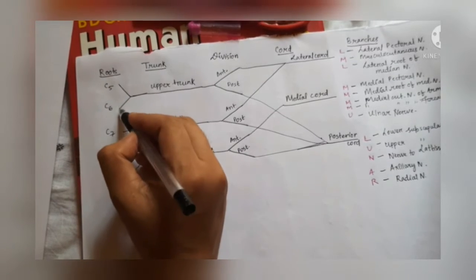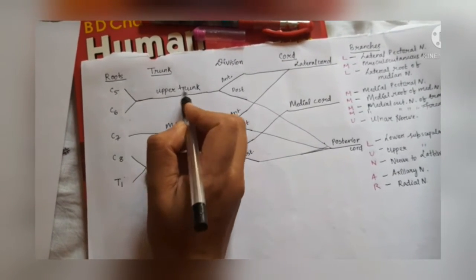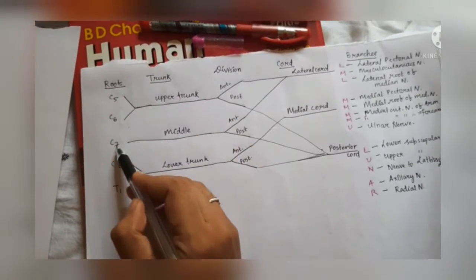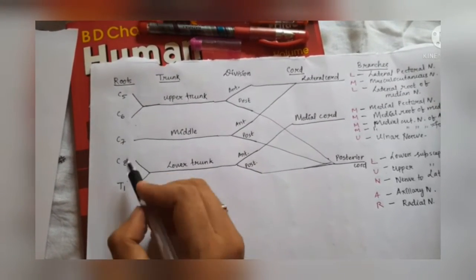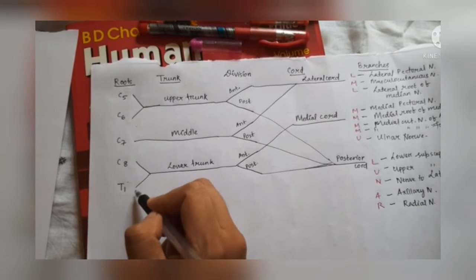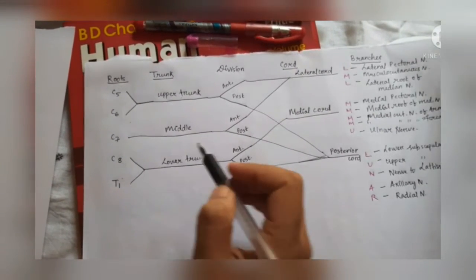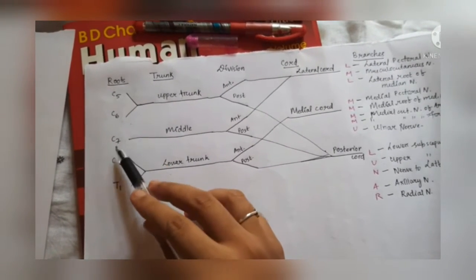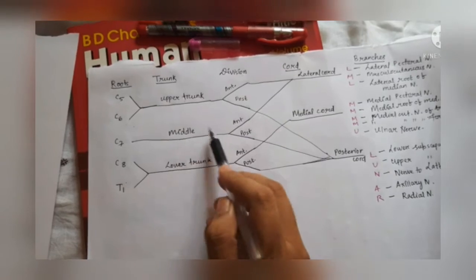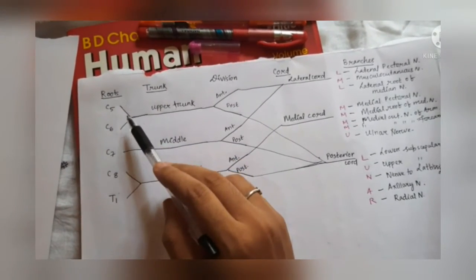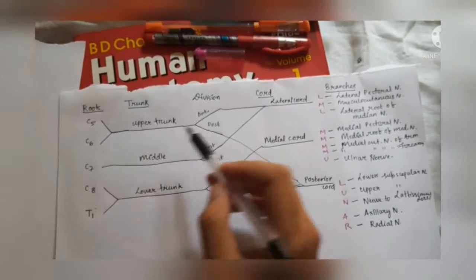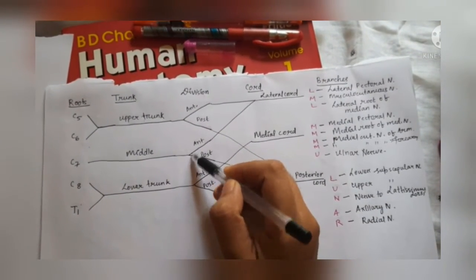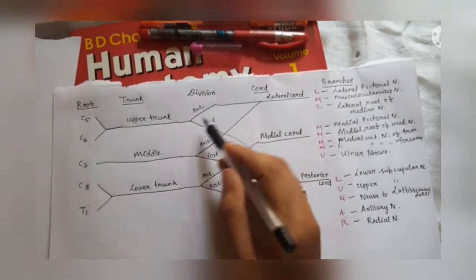C5 and C6 were of an upper class family, so together they form the upper trunk, and C7 was a middle class family. But C8 and T1 were from a lower class family, so they form the lower trunk, and C7 alone forms the middle trunk, and C5 and C6 form the upper trunk.